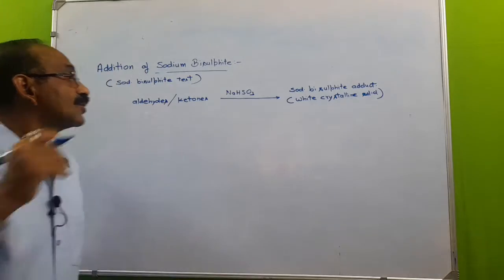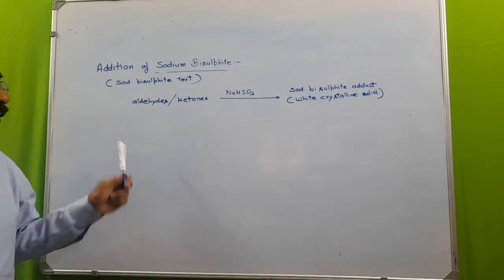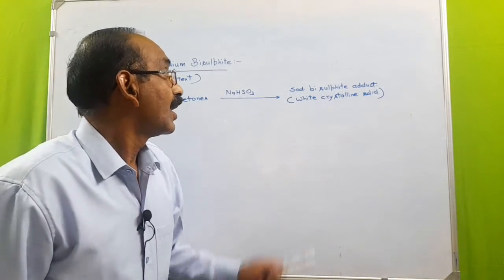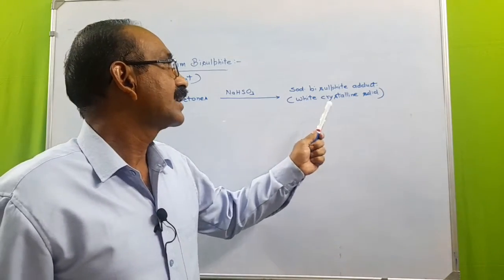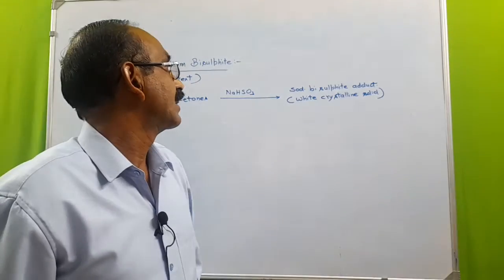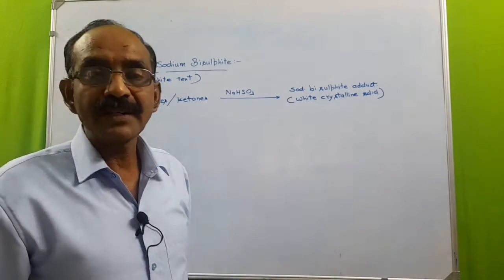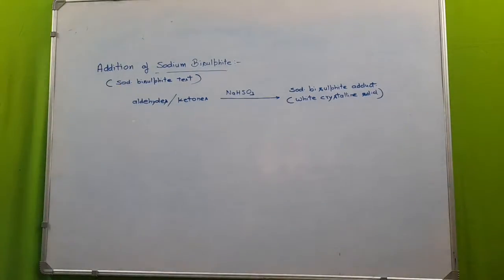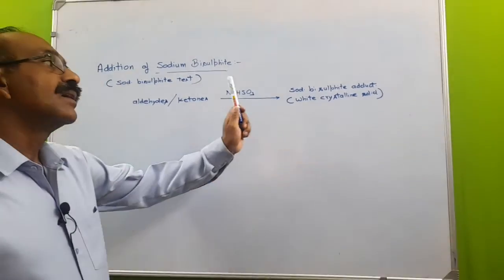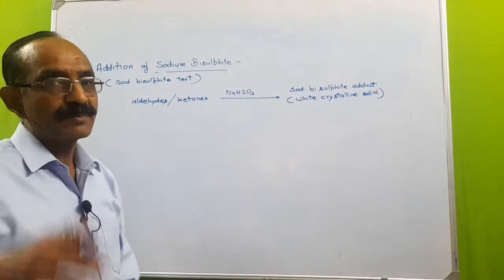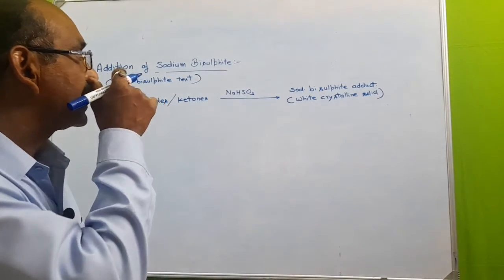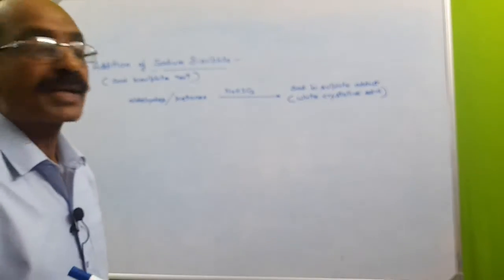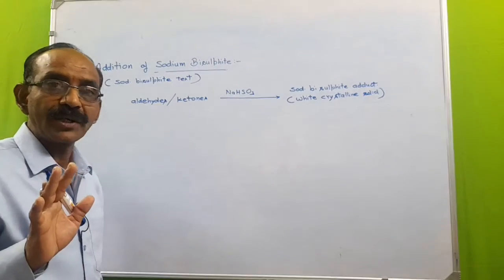So what happens when aldehydes and ketones are treated with the sodium bisulfite? We obtain a white crystalline solid, due to the formation of sodium bisulfite adduct. So the compound which gives the white crystalline or white precipitate on adding the NaHSO3, it means these compounds are having the aldehydic or ketonic group.